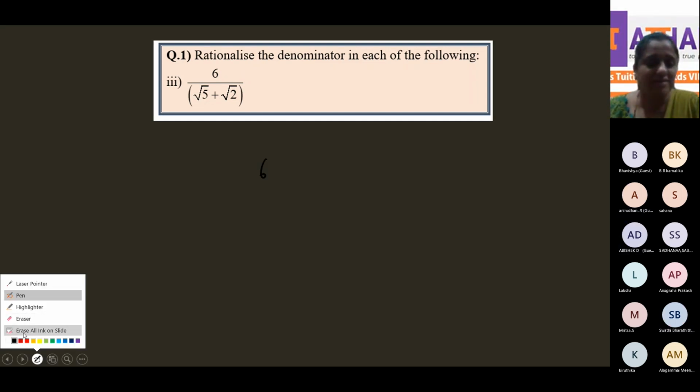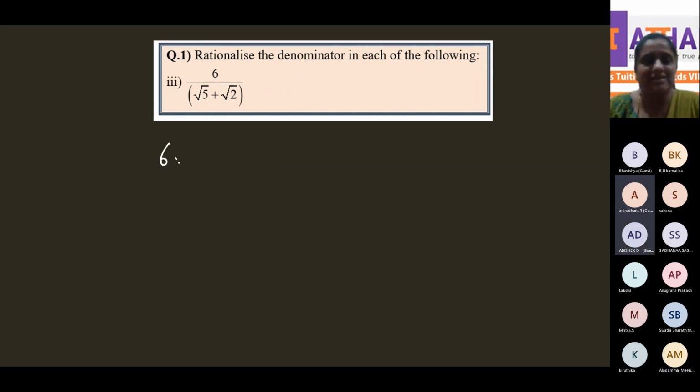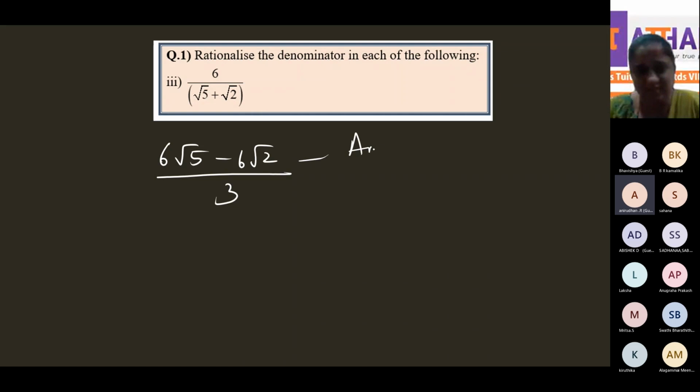What's the answer for the next one? 6 root 5 minus 6 root 2 by 3, ma'am. Abhishek, ma'am. Anirudhan, 6 root 5 minus root 2 divided by 3. No, Anirudhan, you have not. Slight mistake somewhere.